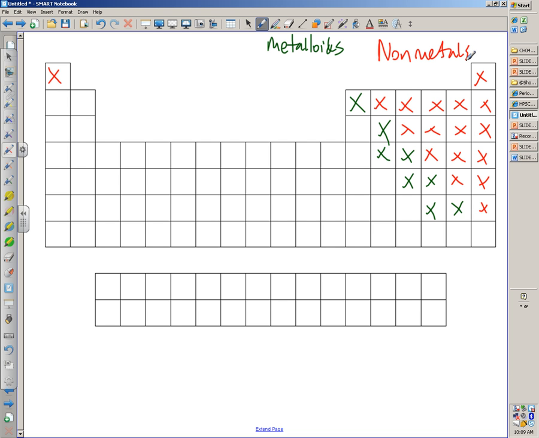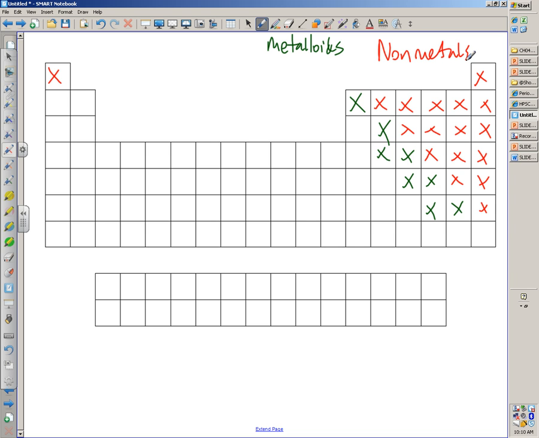Some of the elements in the non-metal category are gases. Some are liquids. Some are solids. Some are very, very reactive, and they form lots of compounds with other elements. Some don't form any compounds at all. So there is a lot of variation within this category that we label as non-metals. Okay?